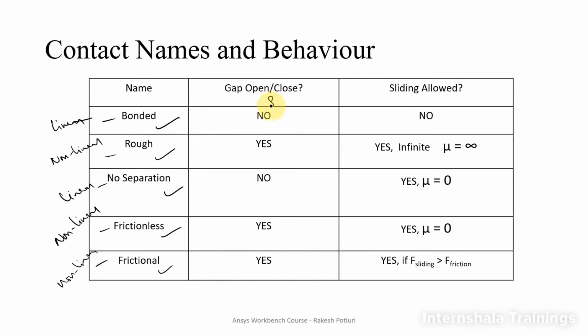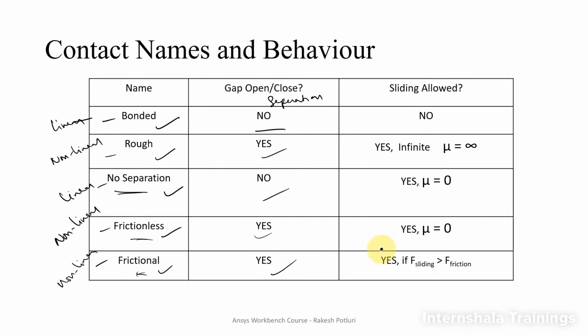Gap means separation: is separation allowed or not? In bonded, it is not allowed. In rough, yes, it is allowed. In no separation, as the name states, separation is not allowed. In frictionless and frictional, both can be allowed.